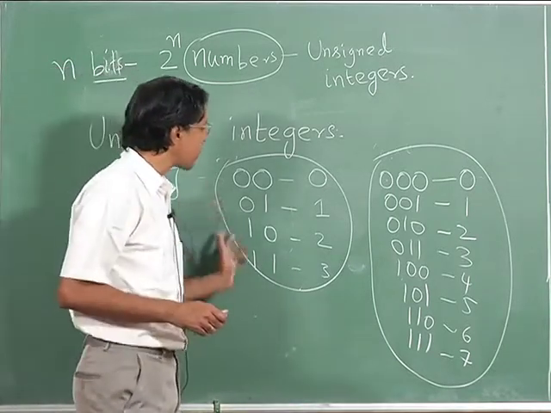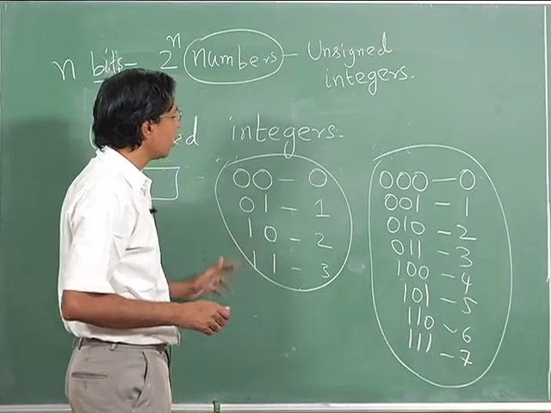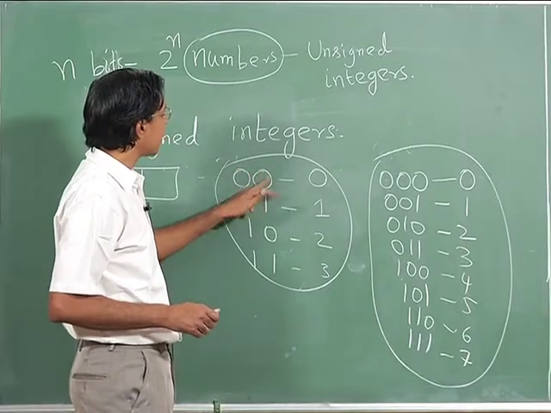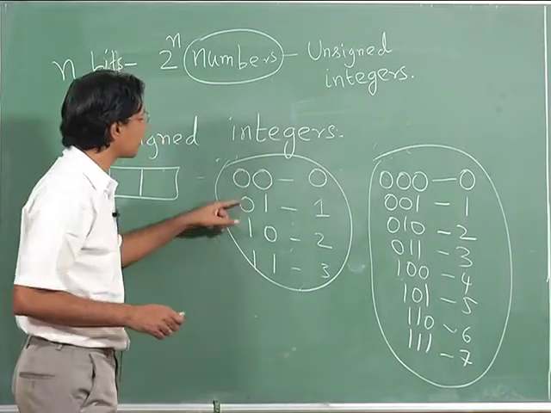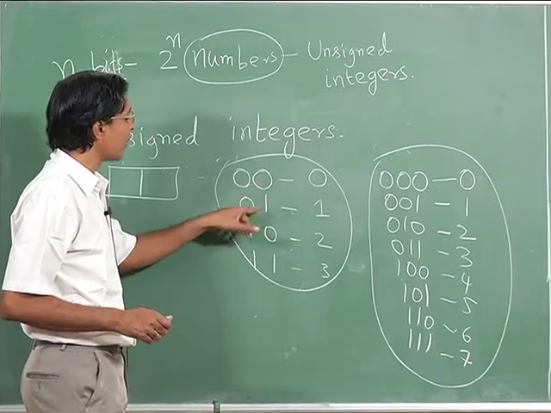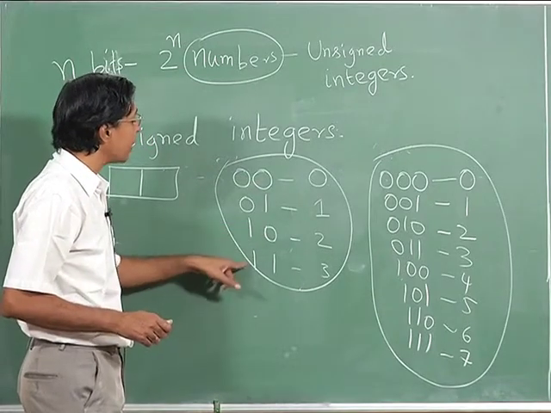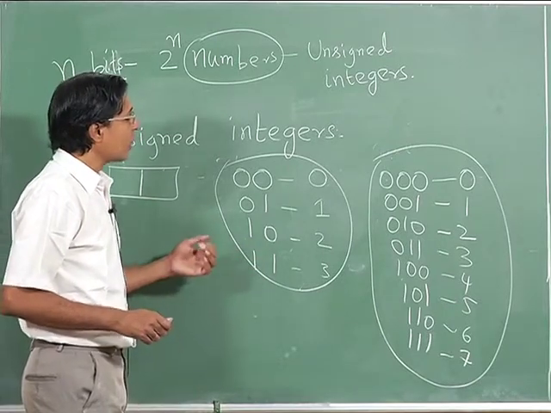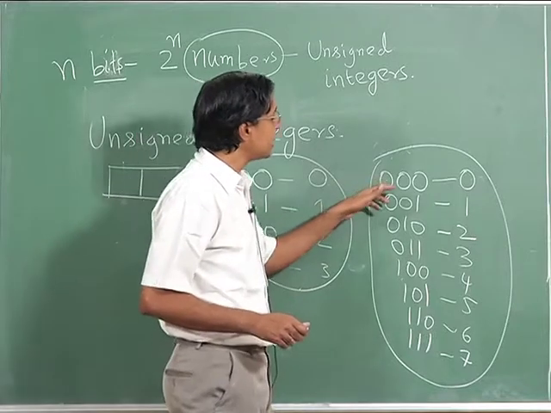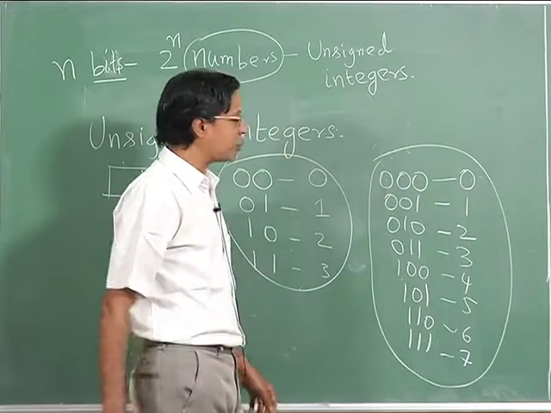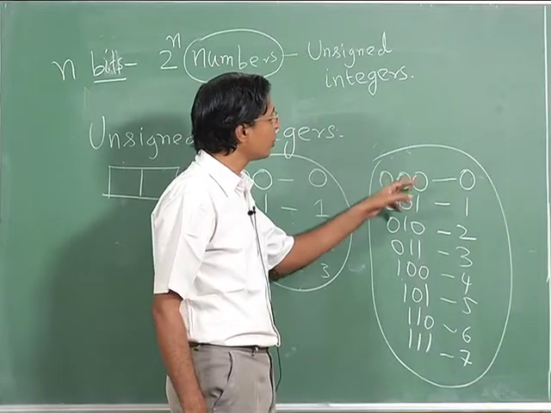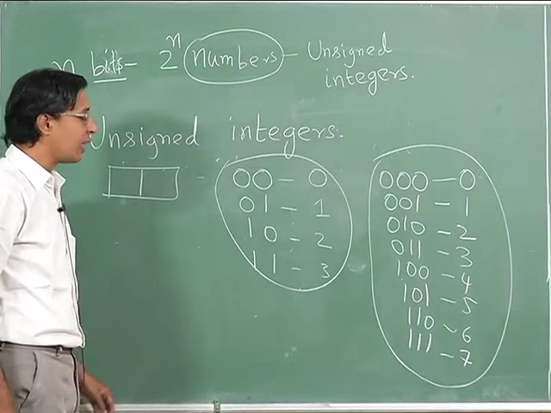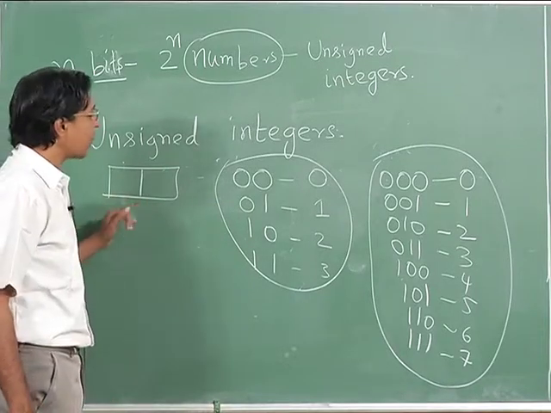If I have 2 bits, I have 2 into 2 possibilities, which is 4, because if the first bit is 0, the second bit takes 0 or 1, and if the first bit is 1, the next bit takes 0 or 1. Like this, if I have 3 bits, each can take one of two values, so totally 2 into 2 into 2, which is 8. If I have n bits, the same argument extends to give 2 power n unsigned integers.